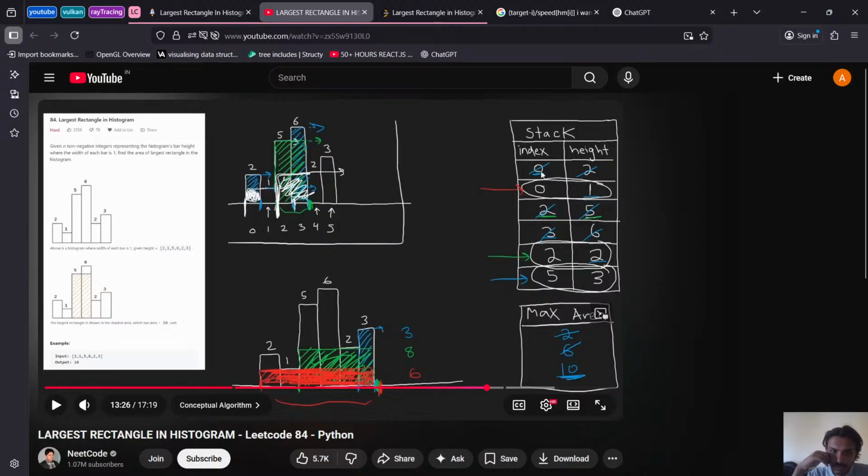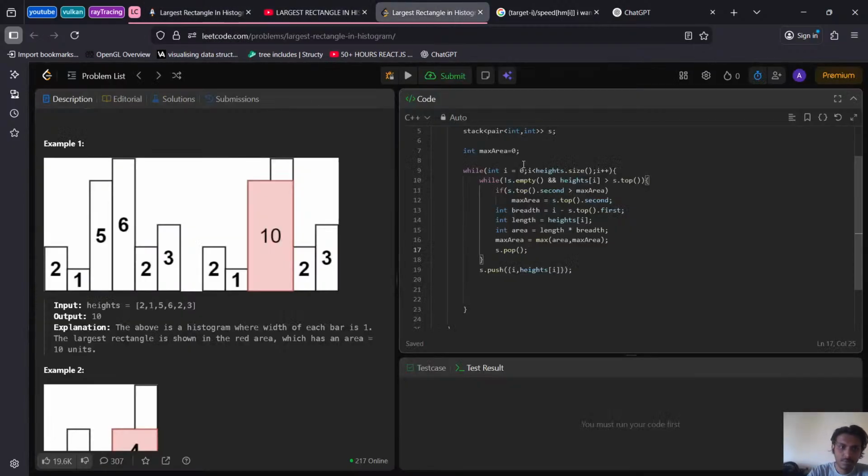We calculated 2, then we set this index as the previous index. Or let's say this is 2. This is smaller. We calculate this one. We set it as 3. Then again we move on to this one. We set it as 2. So the last index we popped.